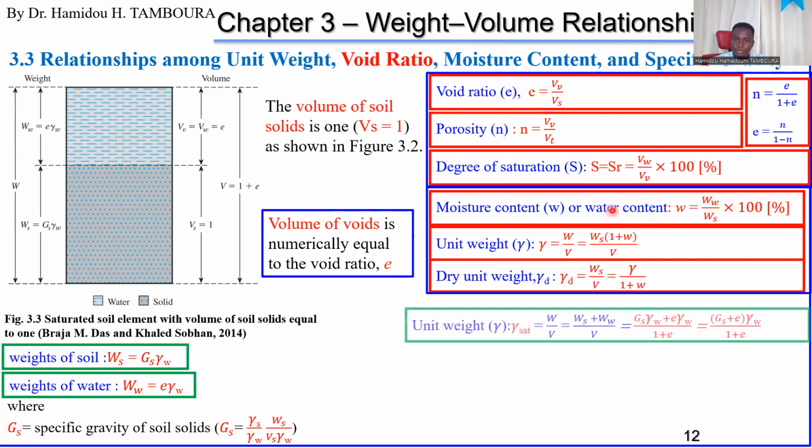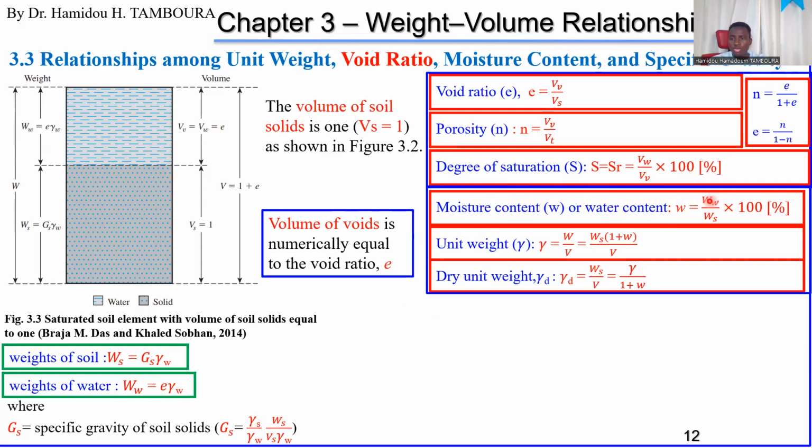If you take w, weight of water, you can do, if you want, e gamma W divided by the weight of solid, meaning Gs gamma W. In that case you will get e divided by Gs as water content.